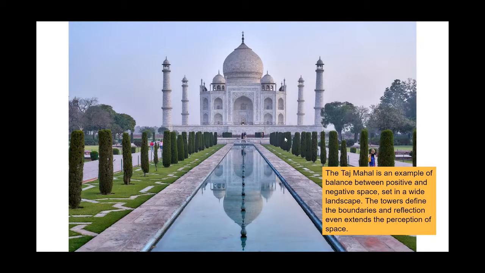So the Taj Mahal is an example of balance between positive and negative space. Set in a wide landscape, you have these boundaries, and reflection even extends to the perception of the space. With this, you have this vast negative space which defines your landscape, and you have this positive space, your structure or your form, that would take part in this vast space.